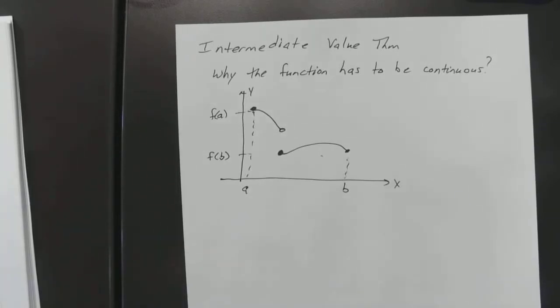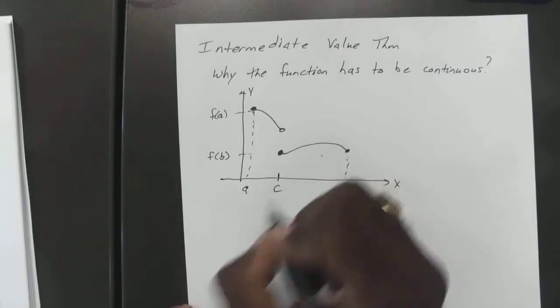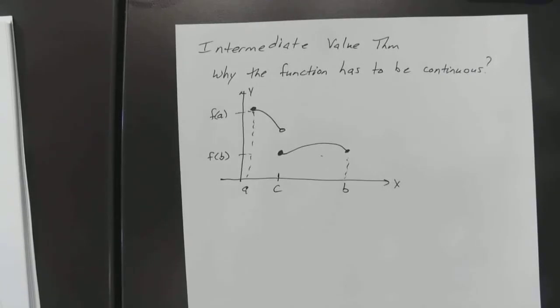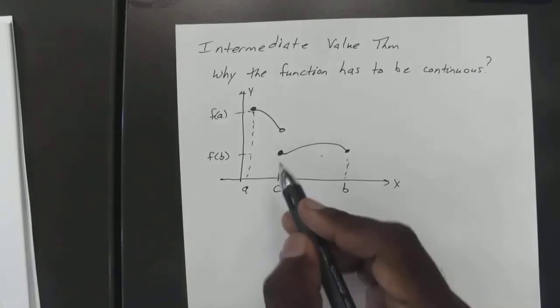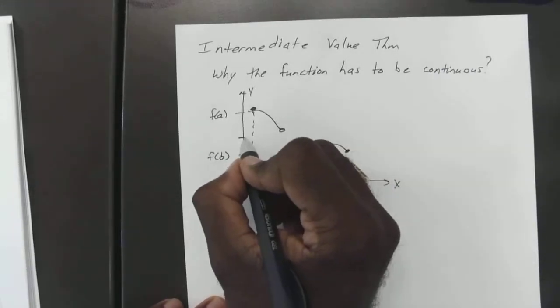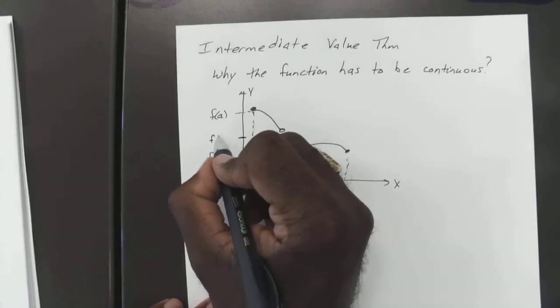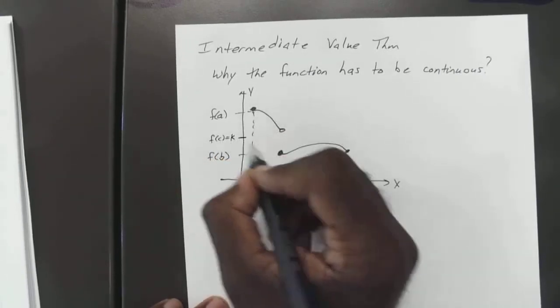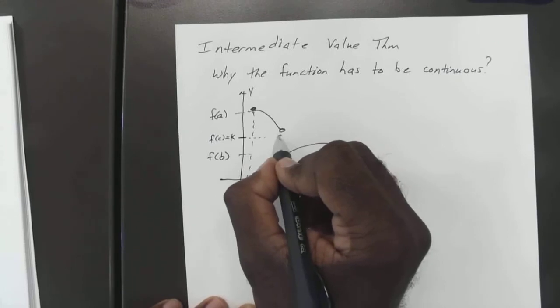If we pick some value C, actually that should have been a little further over, then if we pick this value, f of C equals K, there's nothing here.